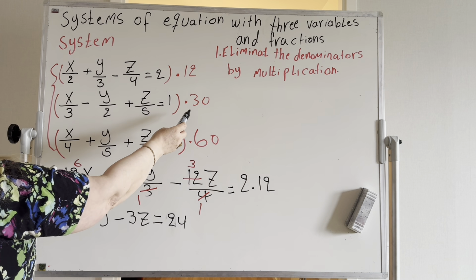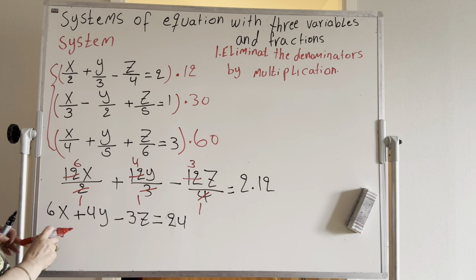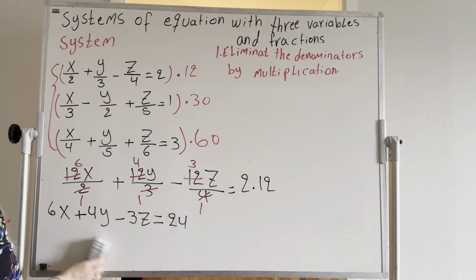Then I will multiply 30 with all the terms in the second equation: 30 by x divided by 3, minus 30y divided by 2, plus 30z divided by 5, equals 1 by 30.